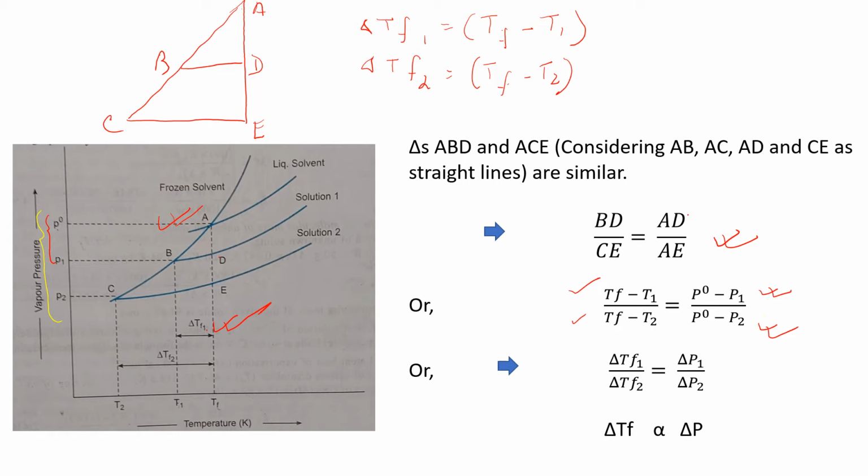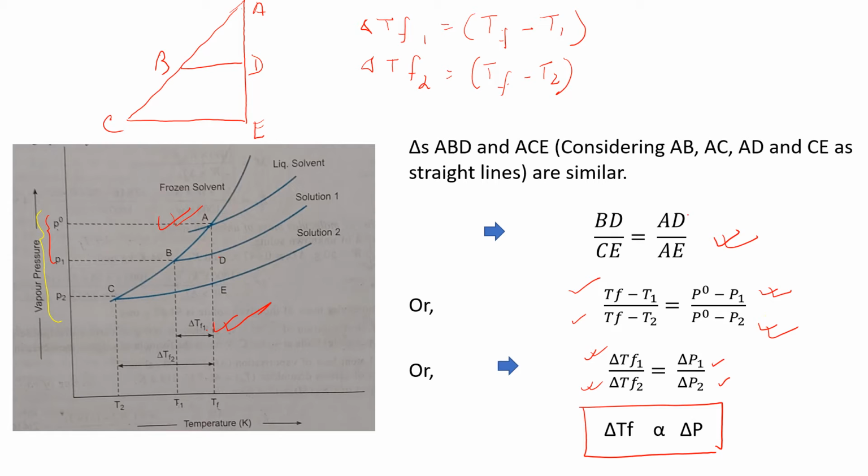Now for TF minus T1 we can write delta TF1, and TF minus T2 we can write delta TF2. Now I can write delta P1 and delta P2. So from here I can write delta TF is proportional to delta P.